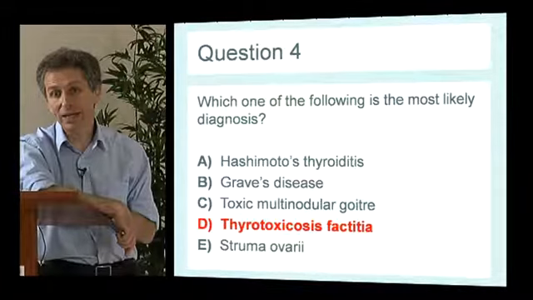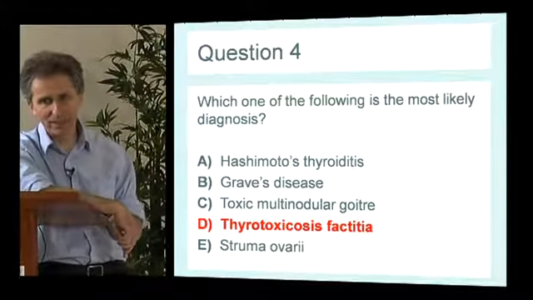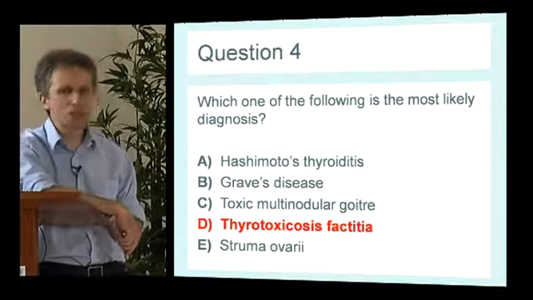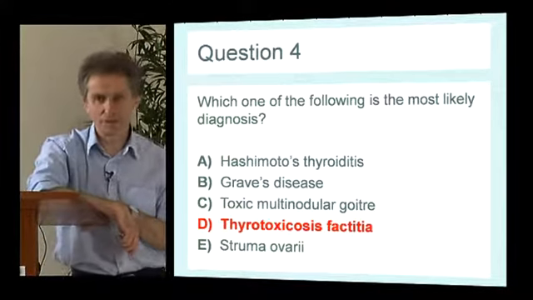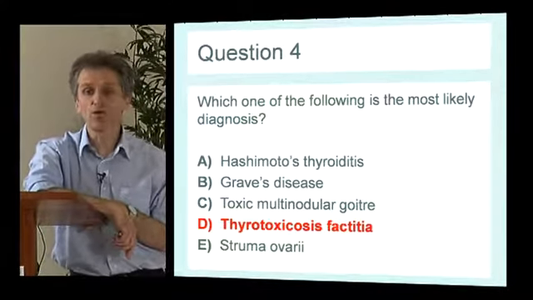Struma ovarii is potentially a possibility here, as is the option that she's taking thyroid hormone. And if she's taking thyroid hormone, there would be suppression of thyroglobulin, because now there's no activity anywhere of thyroid hormone synthesis. Struma ovarii, you might expect to have some thyroglobulin release because there's some thyroid-like tissue from the ovary.